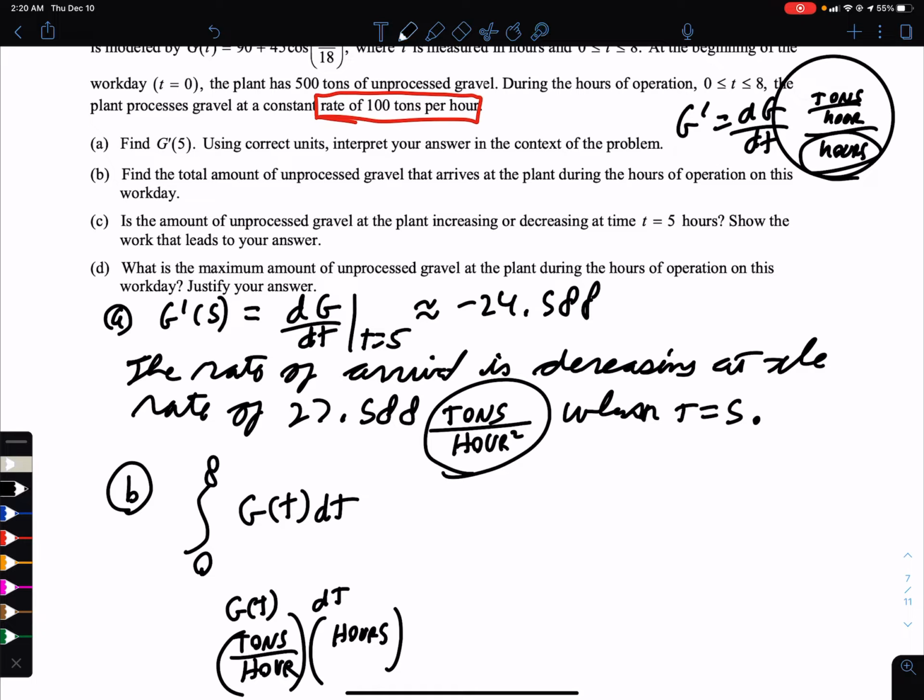Okay, I don't know if that sunk in, but you need to process and get that to sink in because it's huge. You will see this all over the AP test. Now this you would actually put in your calculator, and you would get about 825.551 tons of gravel. Okay?